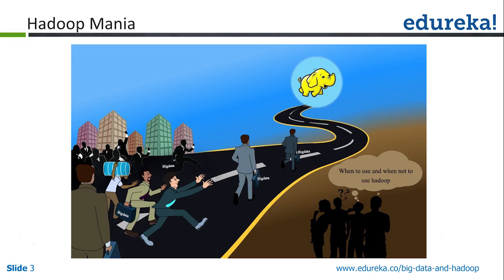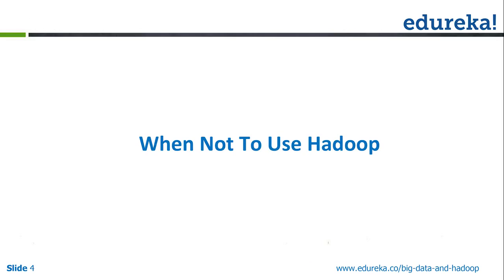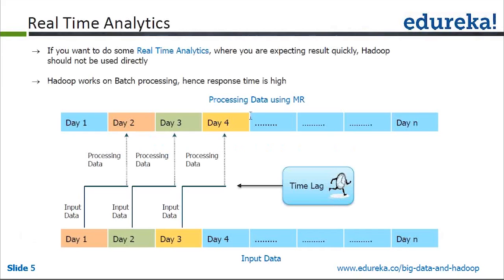Because we have a framework called Hadoop which can solve the distributed processing of data, we should not conclude that Hadoop is the solution for everything. That's not the case. There are some scenarios where you should not use Hadoop, and some where you should. So let's consider scenarios where we cannot use Hadoop.